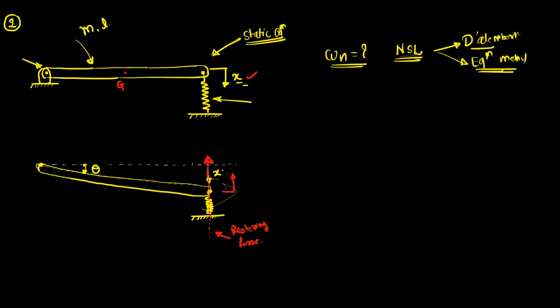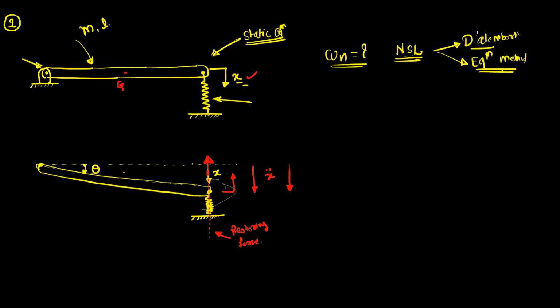As we have displaced this complete rod in the downward direction by displacement x, its acceleration will be in the downward direction. This is x double dot, and the corresponding inertia force will be in the same direction. But here we cannot take x double dot directly because it is not a linear system. It is a rotational system.